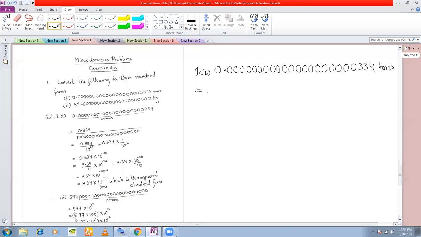So now if you want to convert this to a standard form, first we convert it to a fraction. 334 divided by how many decimals we are moving? 1, 2, 3, 4, 5, 6, 7, 8, 9, 10, 11, 12, 13, 14, 15, 16, 17, 18, 19, 20, 21, 22, 23.